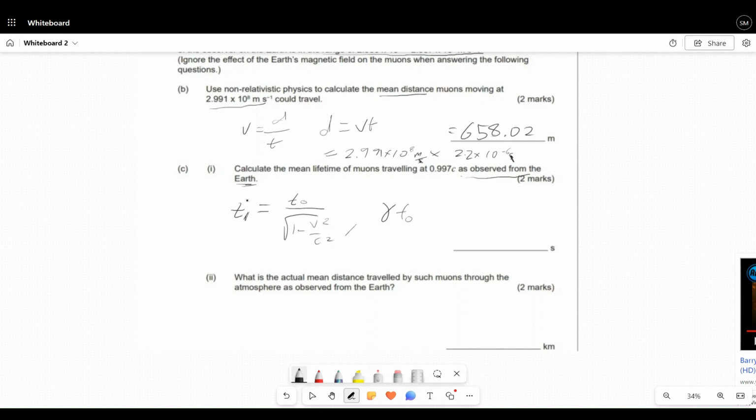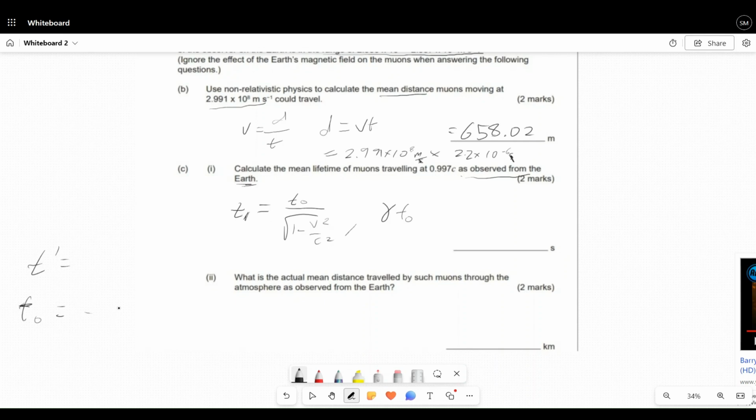Okay. So what is t prime and what is t naught? I'll define that. When we measure a time, like in this case a lifespan, we're basically measuring the time between two events happening. So if we have a lifetime, we're measuring the time between the birth of the muon and the death of the muon, right?